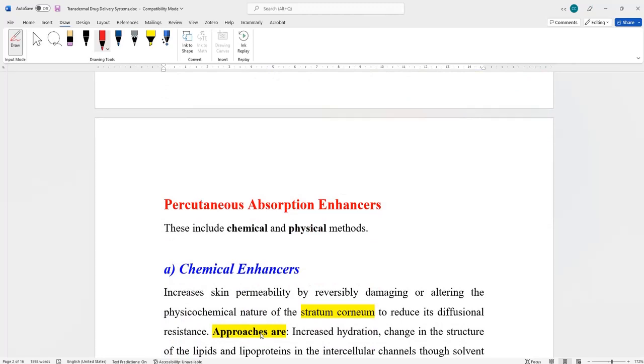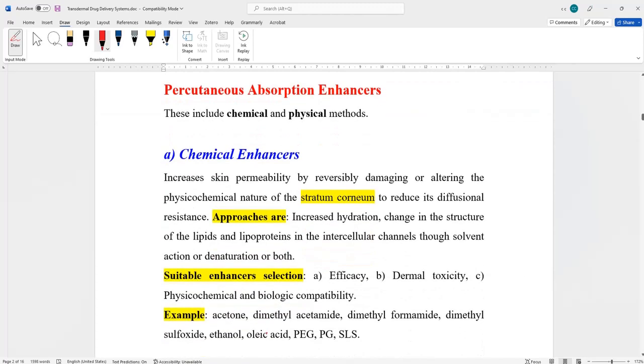Okay, so let's now talk about enhancers. Those are things that we can do in order to enhance the transport of the drug through the skin, because as I said, the stratum corneum is a barrier and we need to do something about that.